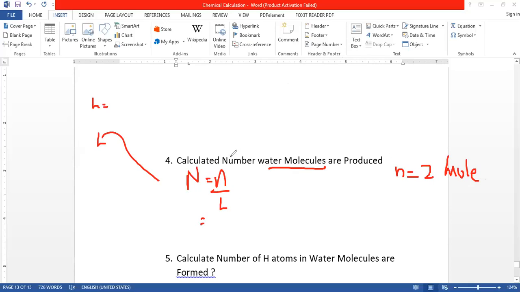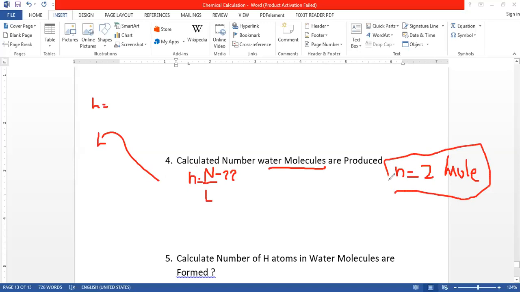Sorry, this equation is wrong. Simple n is equal to capital N over L. They ask for the number of water molecules. We have found how many moles of water? 2 moles.